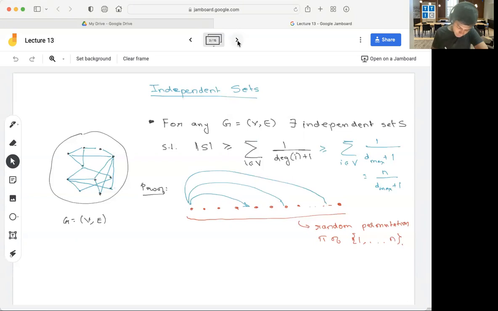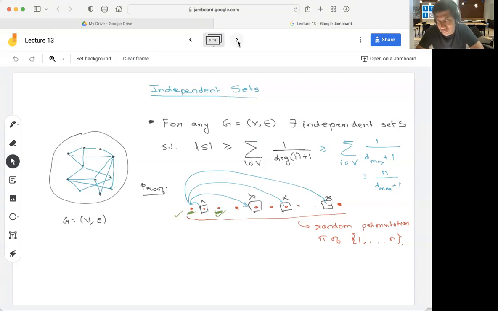And then we rule out the neighbors, because if we pick this vertex, then we cannot pick its neighbors. And then we go to the next vertex, which we haven't ruled out. So let's make it a little more interesting. Let's say we did rule out this next one. Then we go to the first vertex that we haven't ruled out so far. And let's say we include that one. And then rule out its neighbors and so on.